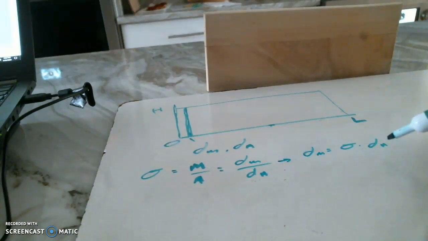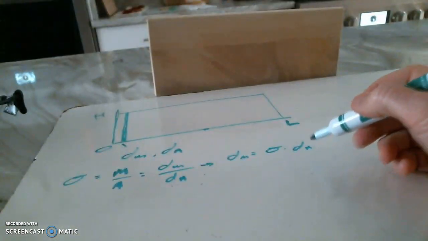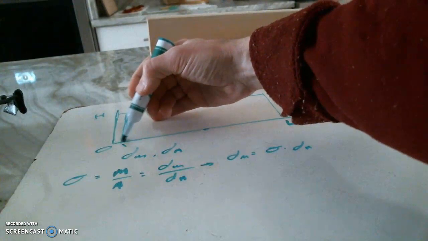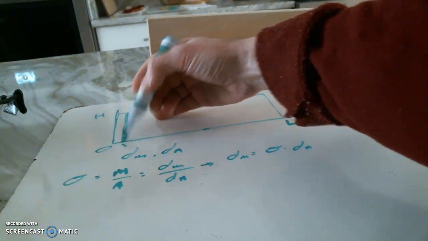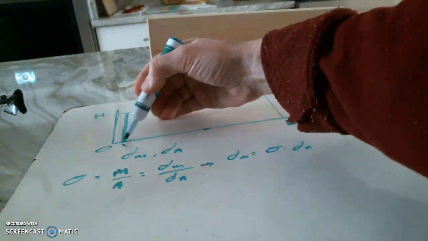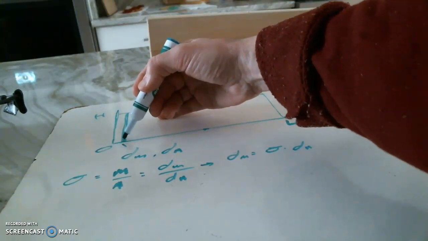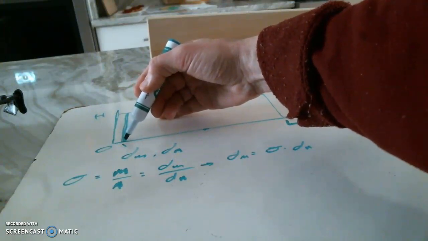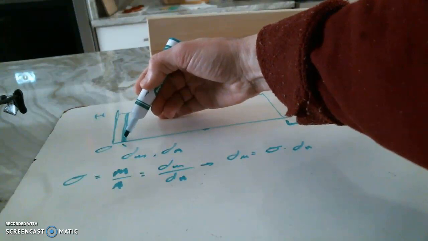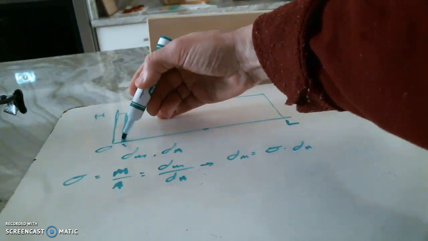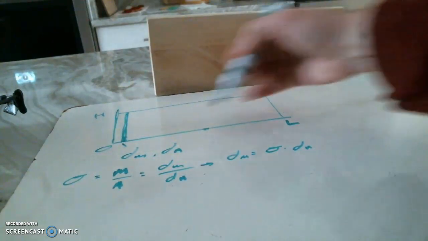Now, any given area is two dimensions, right? It's a base times a height. So this differential area is this thin little sliver's base. So how wide is that infinitely thin little sliver? Not very wide. And so what we will end up calling that is a differential L or an x.